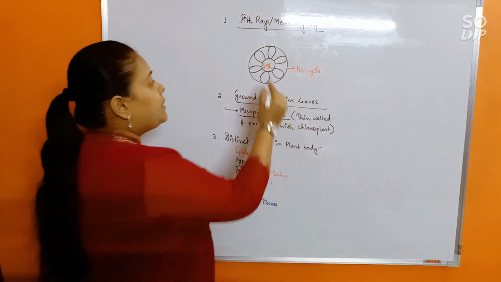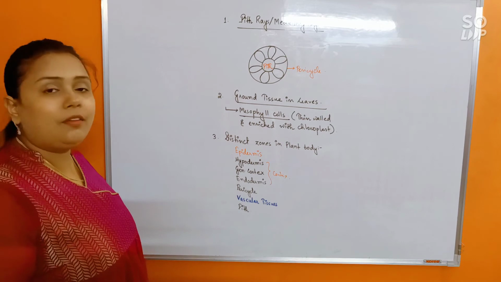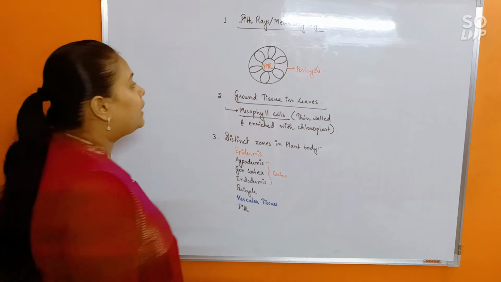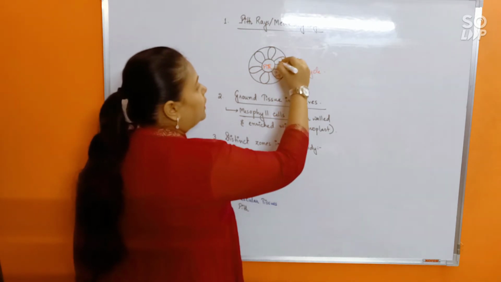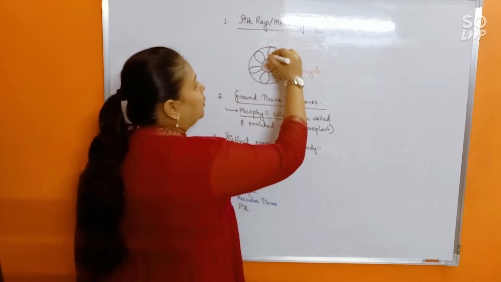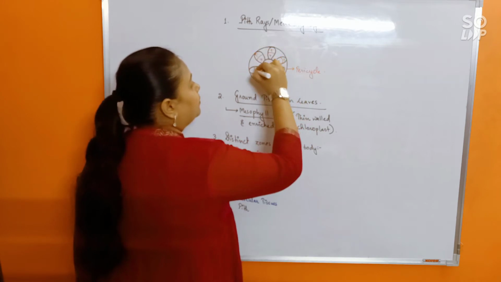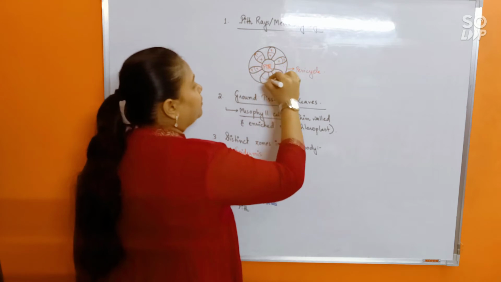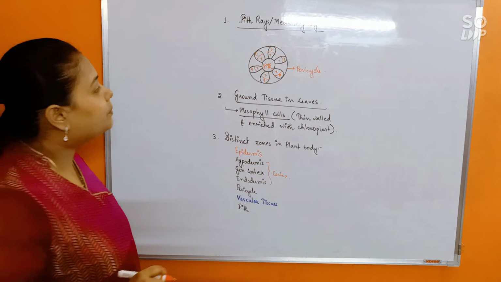You know that in between them would remain vascular tissues. Say these are the vascular tissues, xylem and phloem, xylem and phloem, xylem and phloem. Like this, the vascular tissues are present.